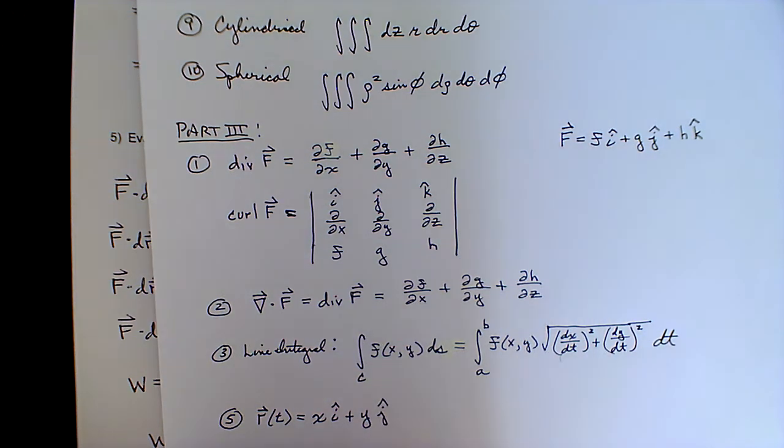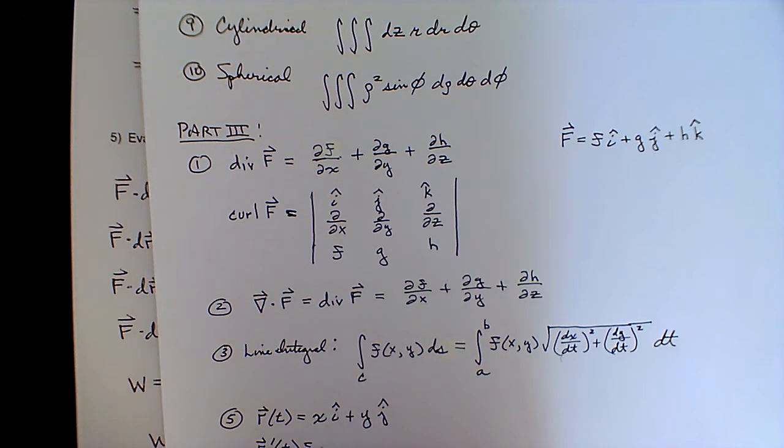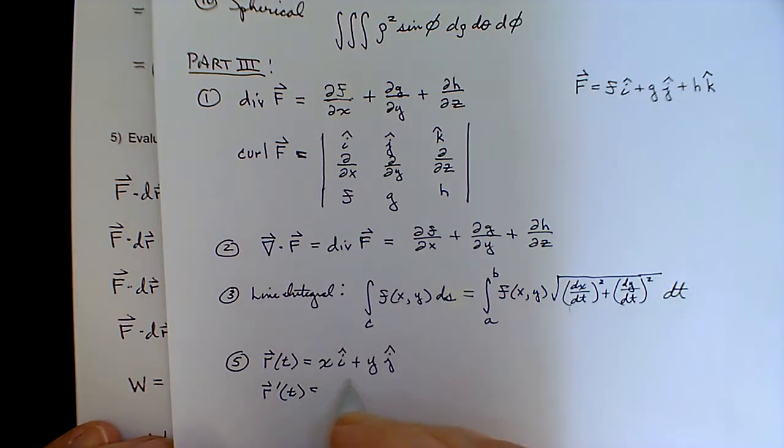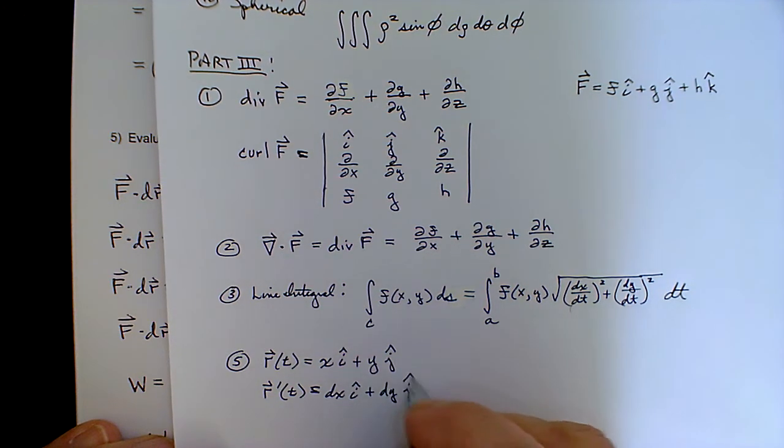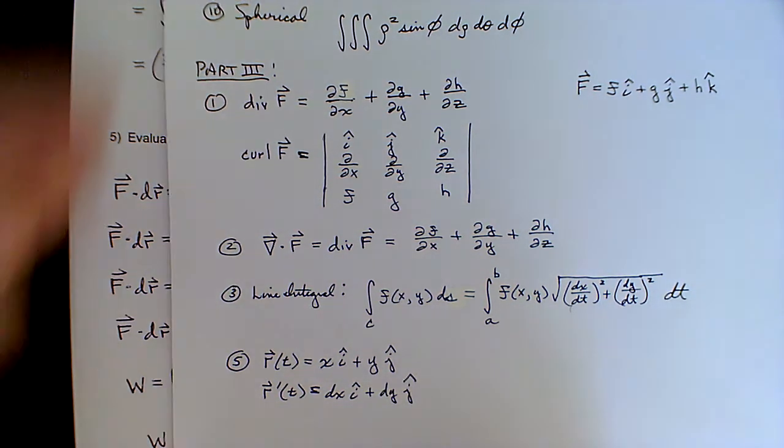And it would follow then that r prime of t is equal to dxi plus dyj. So that's important to remember.